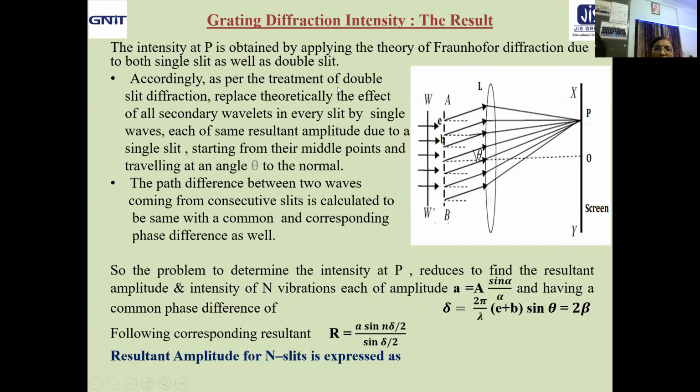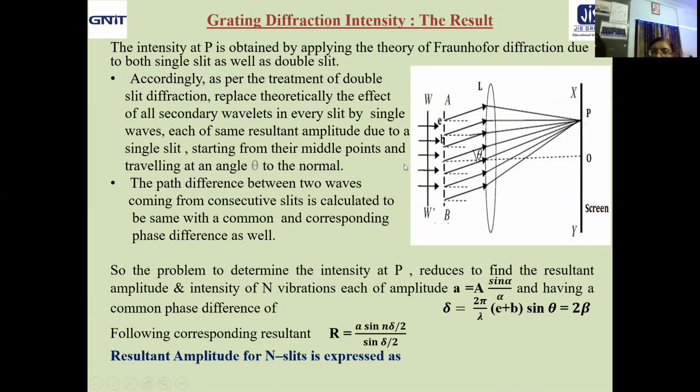Now, as per the treatment of double slit diffraction, you can theoretically replace the effect of all secondary wavelets in every slit by a single wave of the same resultant amplitude due to a single slit, starting from the middle point and traveling at an angle theta to the normal.